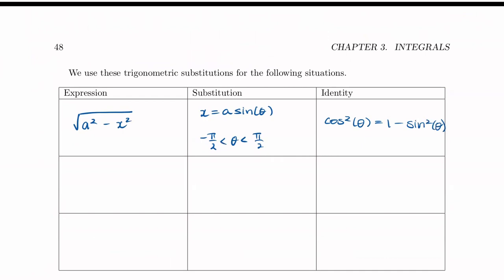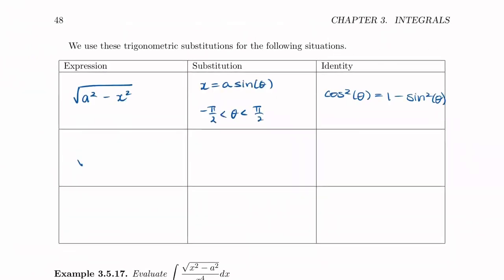Now the second row. Instead of a squared minus x squared, we could have x squared plus a squared, by the Pythagorean theorem.